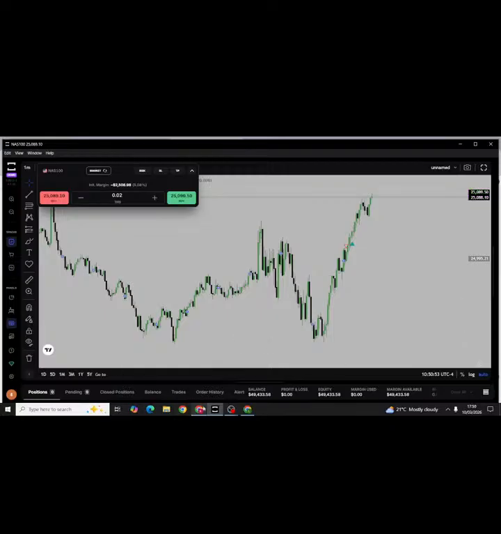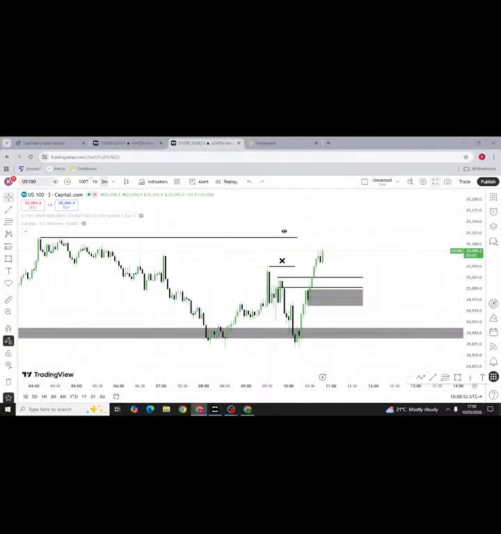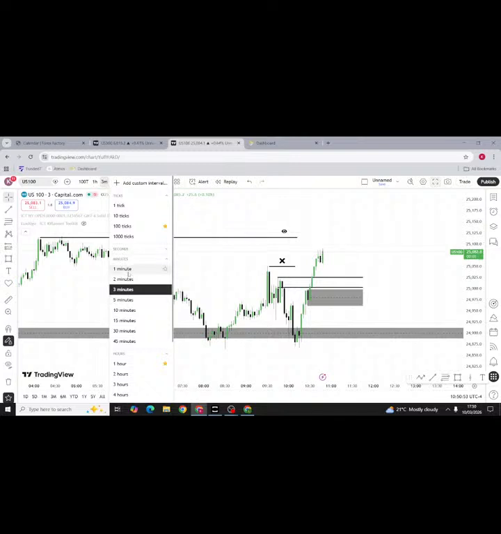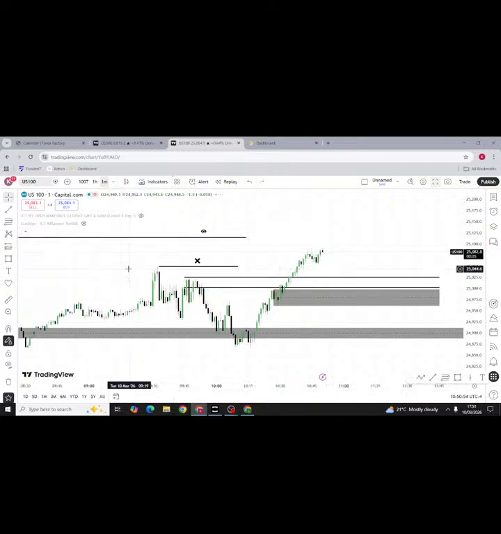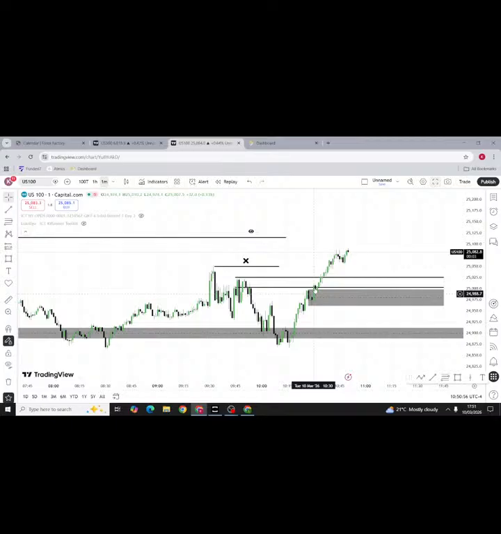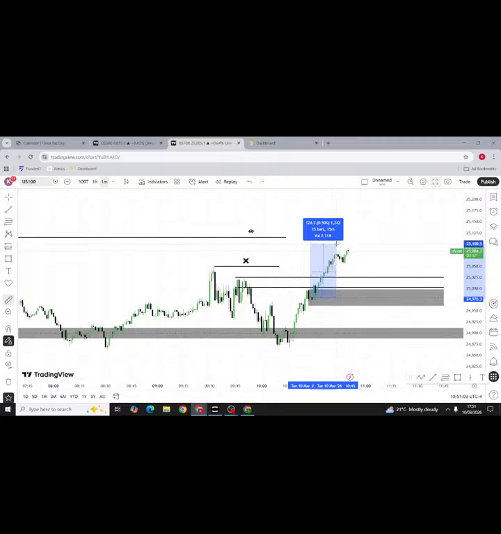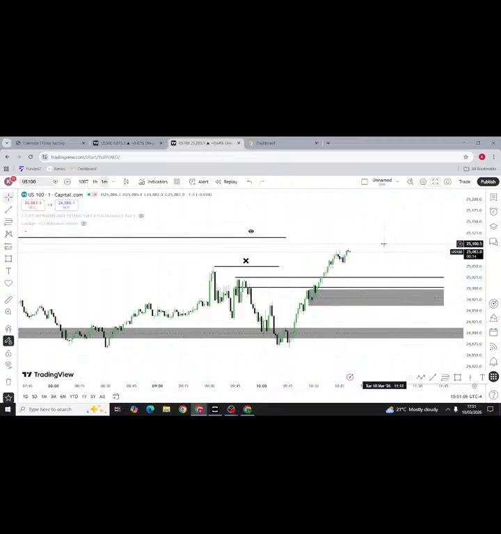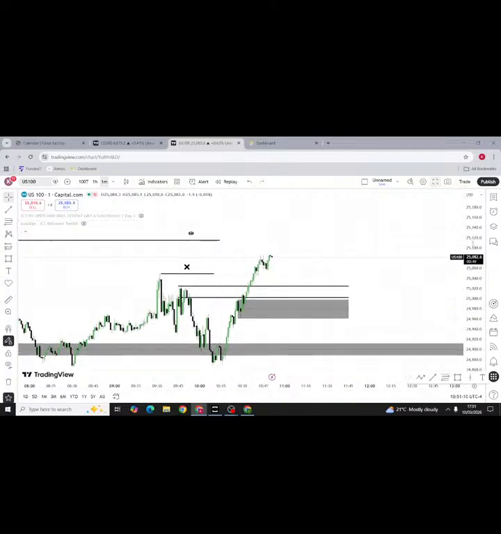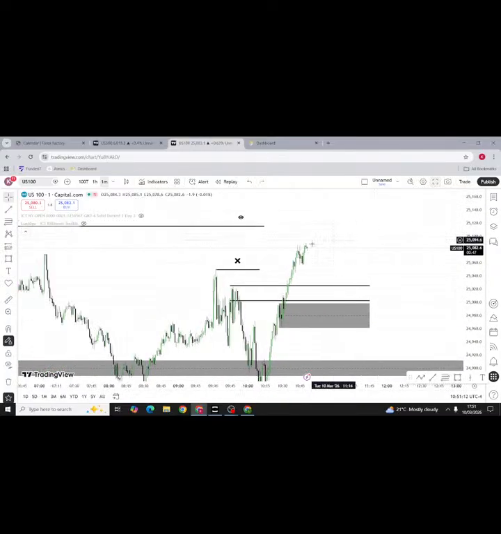How many points were those? Let's go back to TradingView, 1 minute. Let's see how many points were those. This was the area around this area. So how many points were those? Let's see. Up to the TP, 124. Clean. That's clean. We'll still keep watching them.